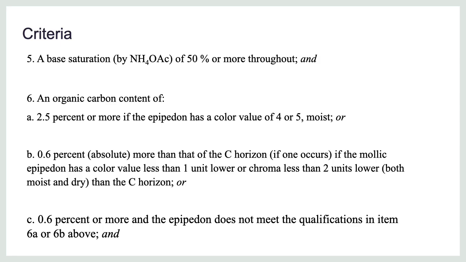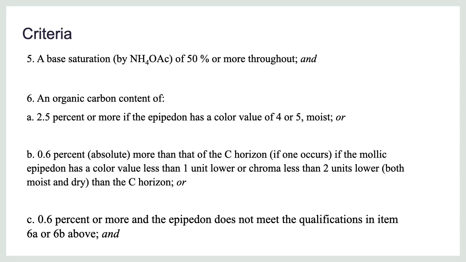0.6% of organic carbon more than the C horizon, if I have a C horizon, if the mollic epipedon has a color value less than 1 unit lower, or chroma less than 2 units lower than the C horizon. So if I register a mollic epipedon and the C horizon, I will compare the color of both.